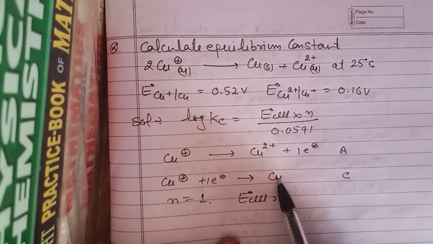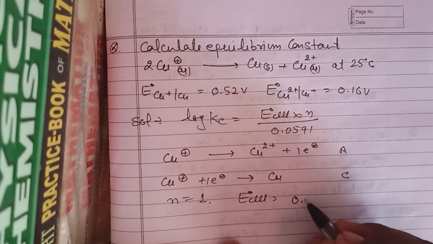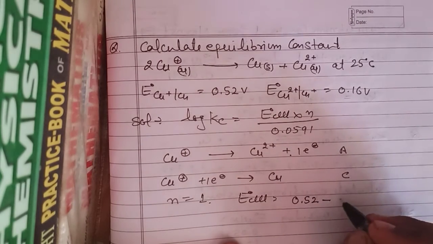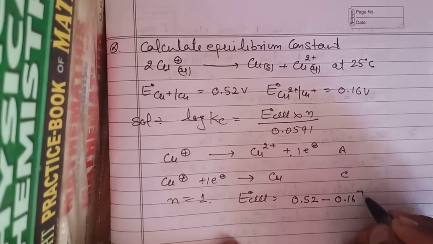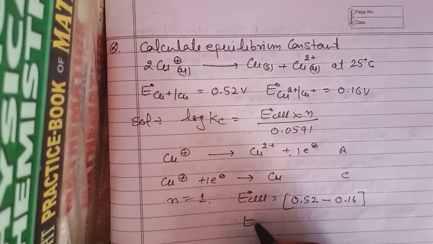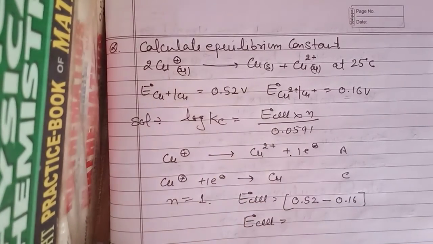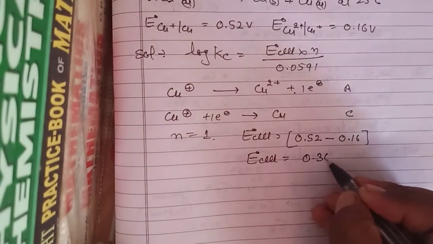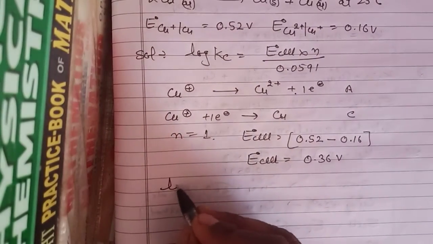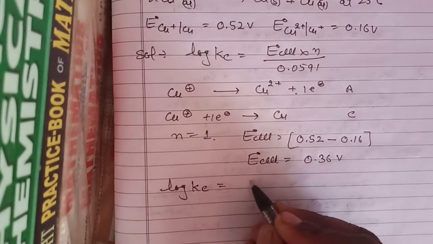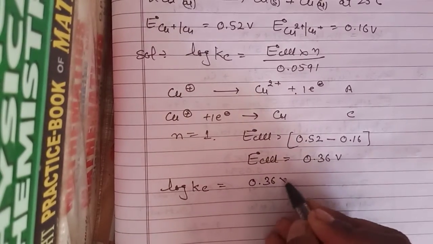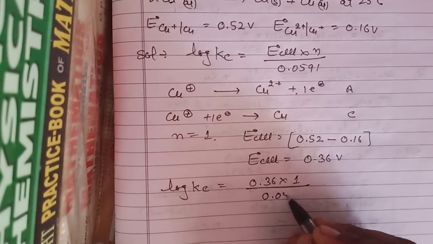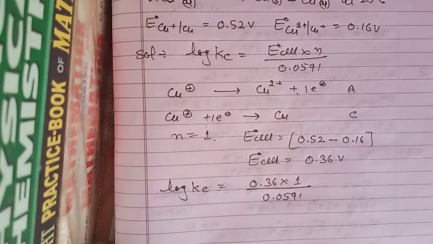So E naught cell: this is your cathode, 0.52, minus this is your anode, 0.16. So E naught cell is equal to how much? 0.36 volt. So log Kc is equal to 0.36 into 1 divided by 0.0591.